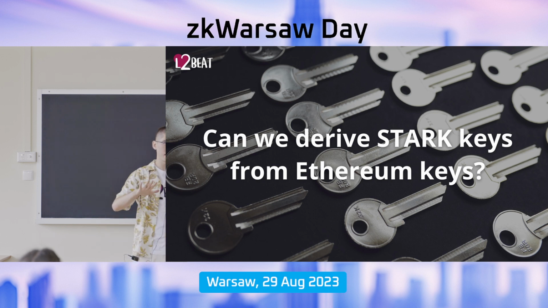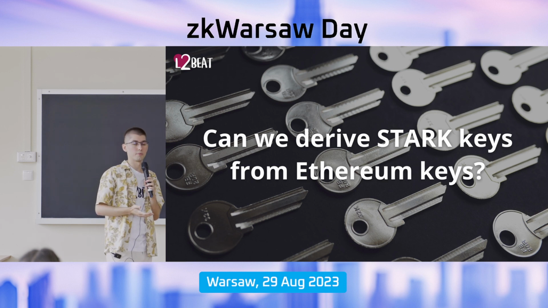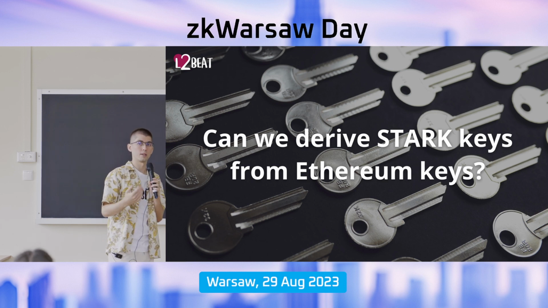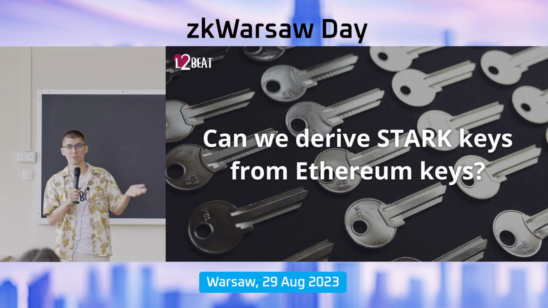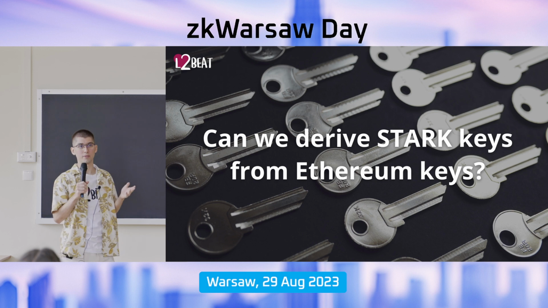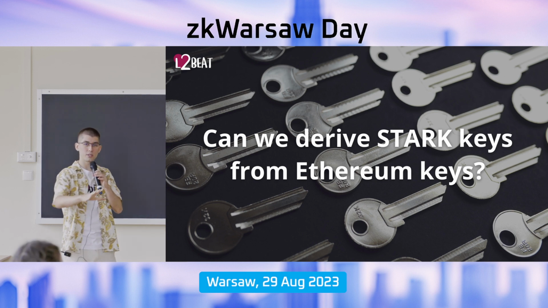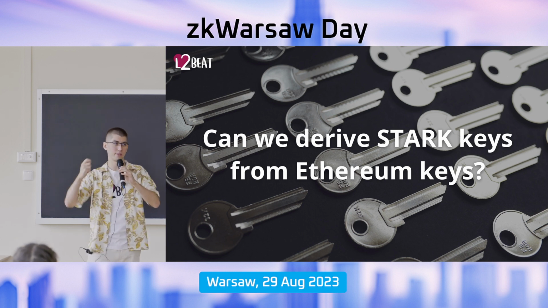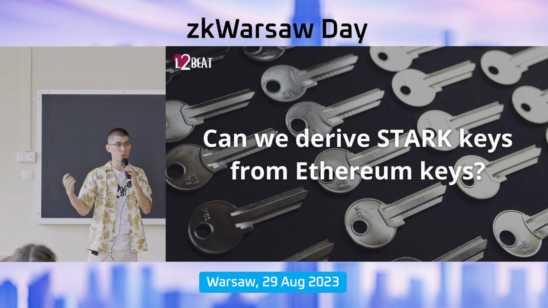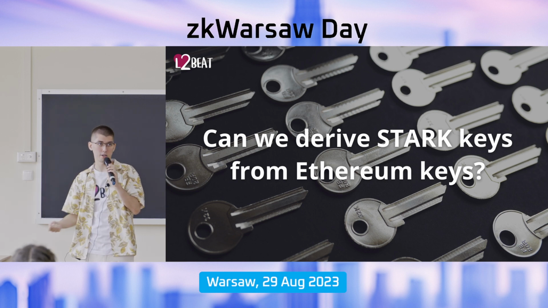So the wallets that we use, either the hardware wallet or the hot wallet, the MetaMasks and others, they actually have keys inside of them, right? They have the keys for Ethereum. Maybe we can find a way to take those Ethereum keys and somehow derive other keys that we're going to use for the Stark curve.